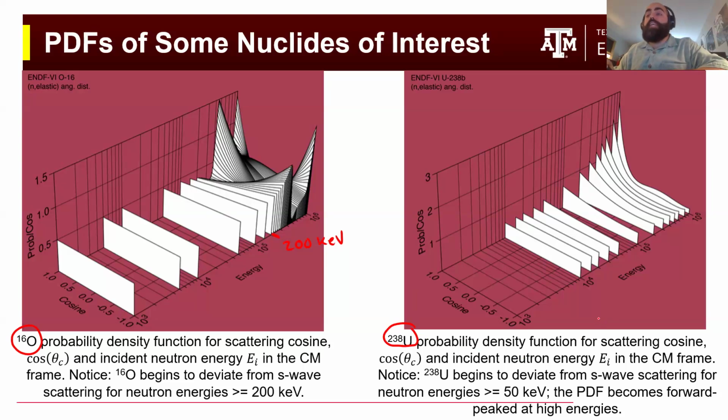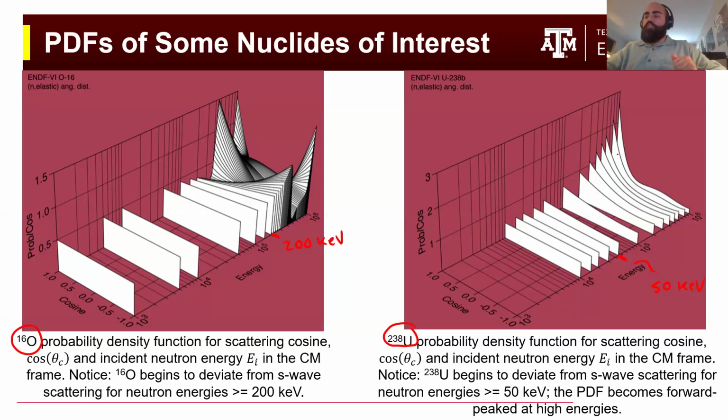Uranium-238 is interesting because once you get to around 50 keV, it starts to deviate from S wave scattering, and it's mostly forward peaked. It's a mostly forward peaked scatterer at high energies.